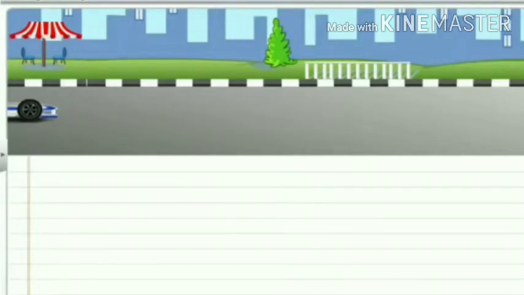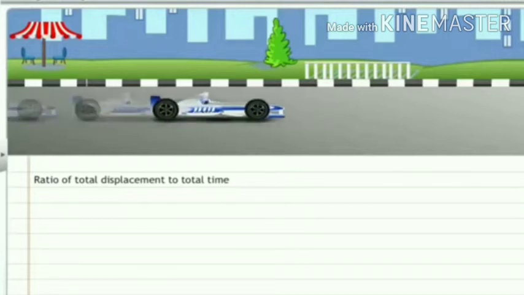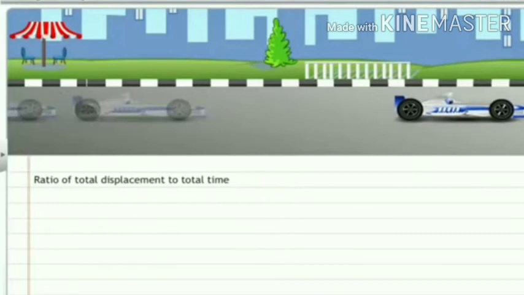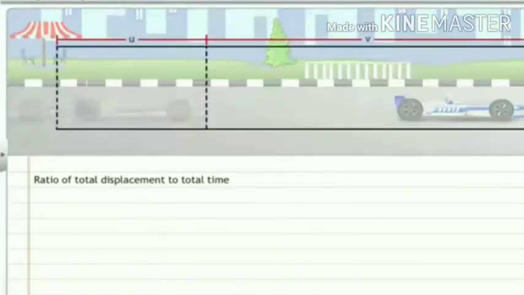And as displacement is a vector quantity, velocity is also a vector quantity. The ratio of total displacement to the total time is the velocity, and distance traveled in a given direction with time is also called velocity.